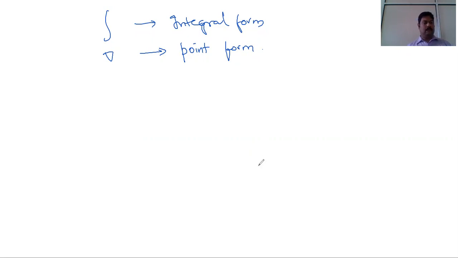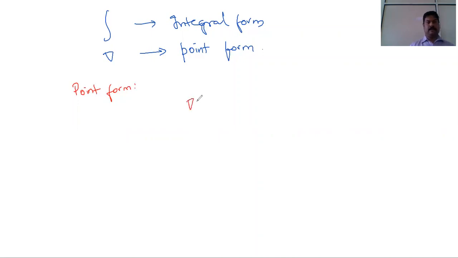Now we come to a very important point here. Whatever we have studied till now, we'll just consolidate. So we'll take up the point form of whatever we have studied till now in electrostatics and magnetostatics in complete terms.